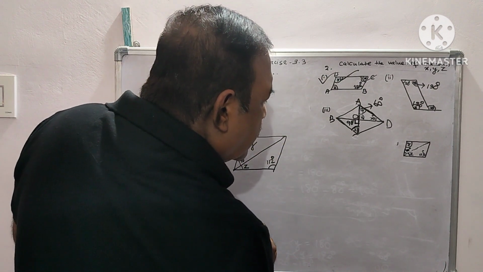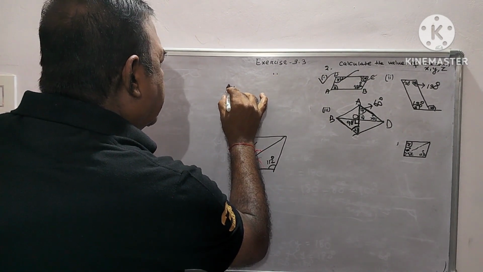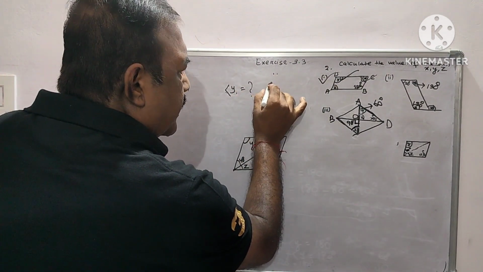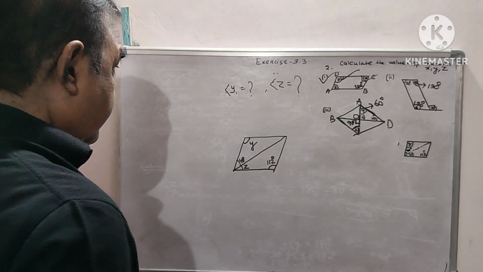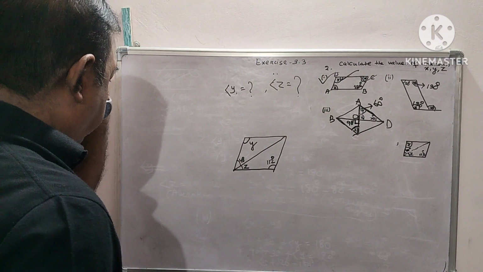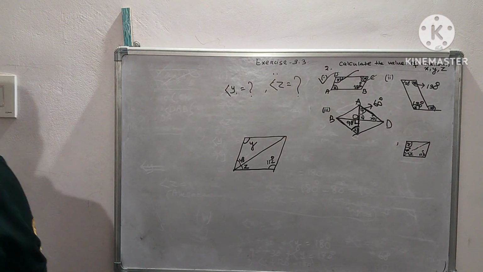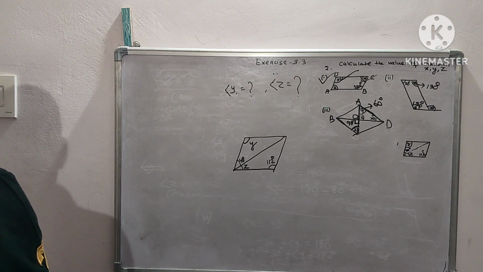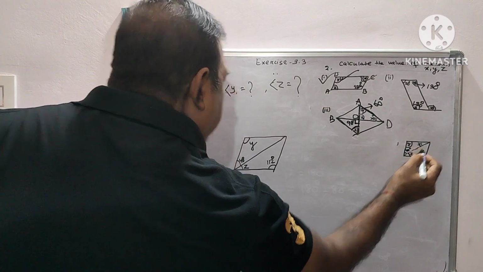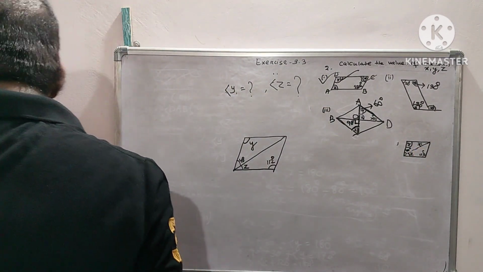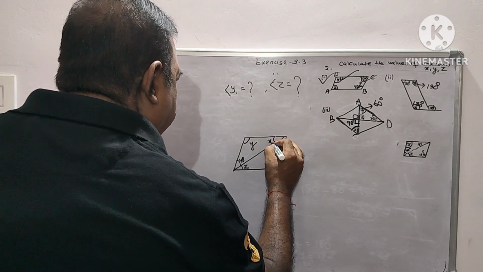We have to find the measure of angle y and the measure of angle z. Now here it has been given x.